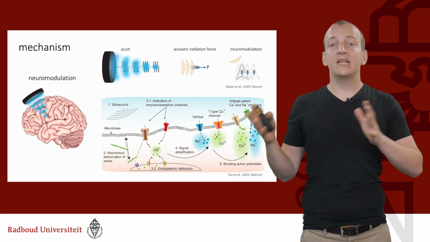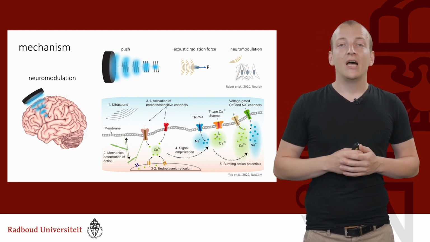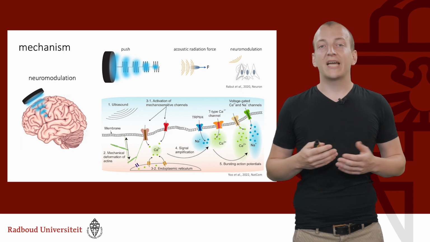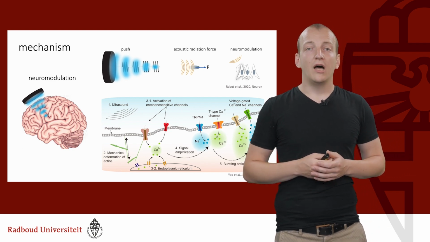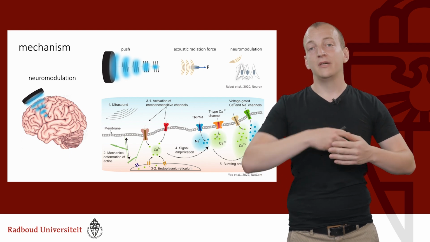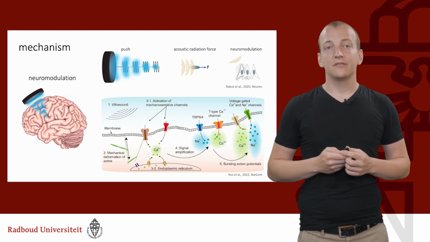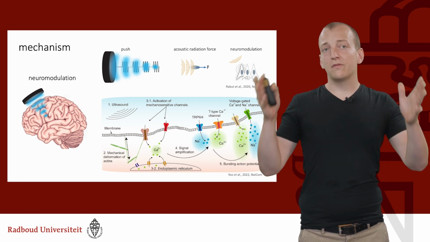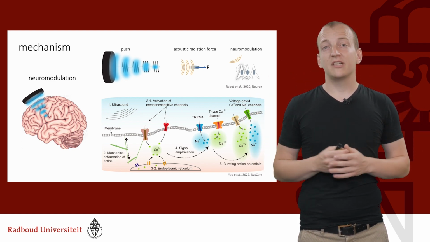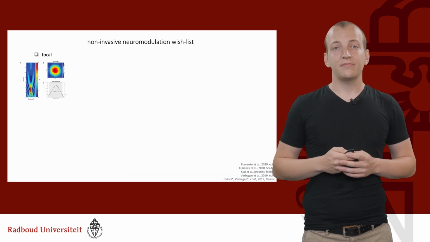And through a signaling cascade, which will be discussed further in the other lecture series, it might lead to the activation of mechanosensitive ion channels, and thereby lead to an increased influx of calcium and a change in the way these neurons are activated. So that's just an overview of one of the mechanisms. There are many more, but those will be covered in another lecture.